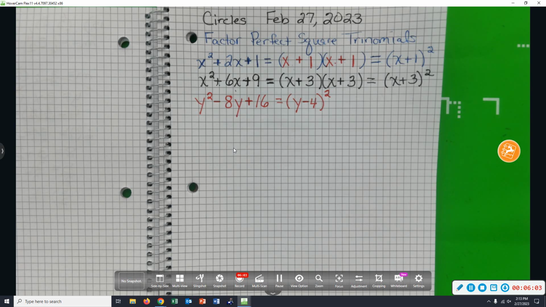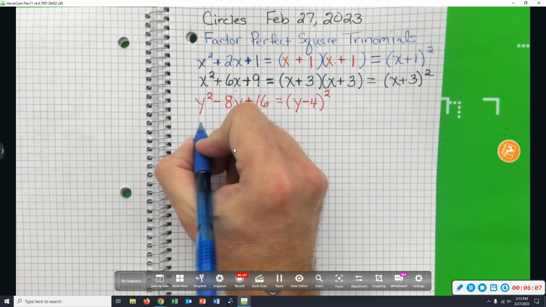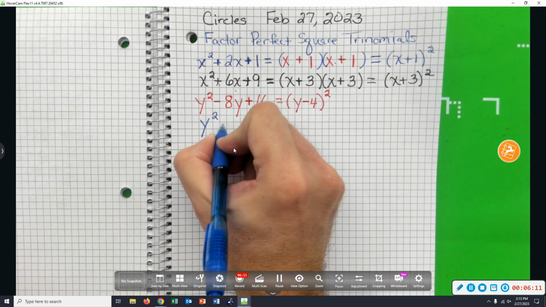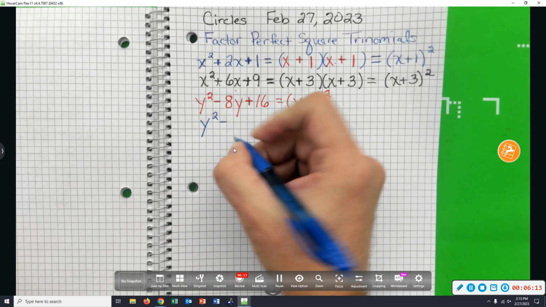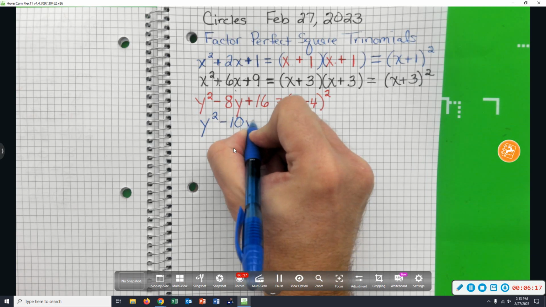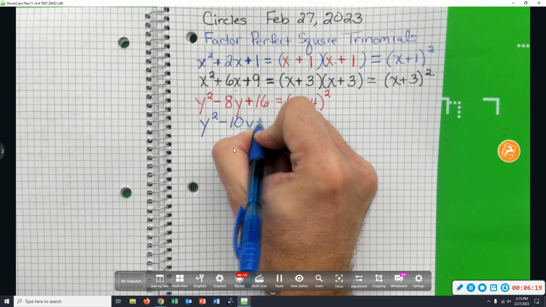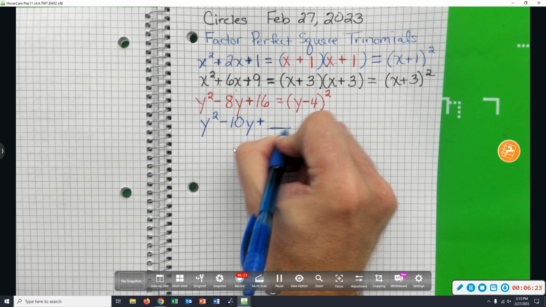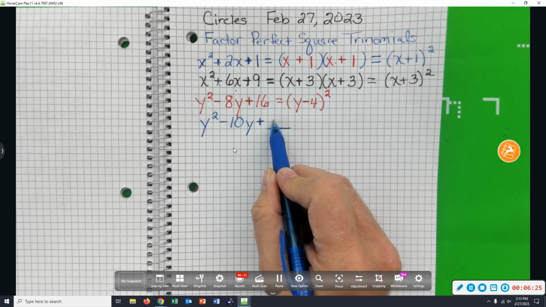Might not be obvious why I'm even mentioning this yet, but it's going to pop up. Here's another one: y squared minus 10y. I wonder if y'all could figure out what perfect square I would put right here.